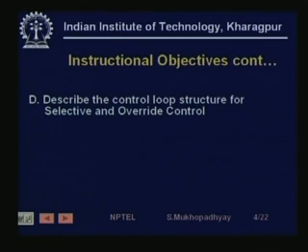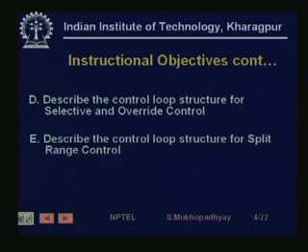Additionally, he will also be able to understand what are selective and override controls, and similarly for split range controls. So the basic idea is to familiarize ourselves with this kind of control loops and understand their advantages.